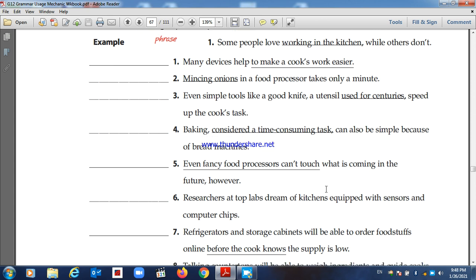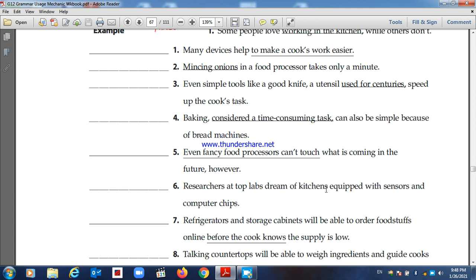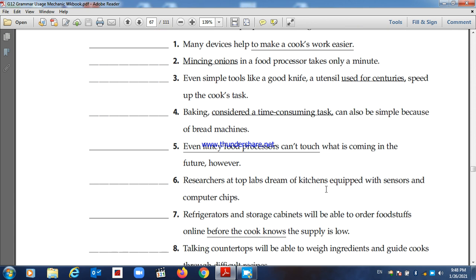Number 7, refrigerators and storage cabinets will be able to order foodstuffs online before the cook knows the supply is low. The cook is the subject, knows is the verb. Then we write no because this is not a phrase, as we have a subject and a verb. So number 7, no.